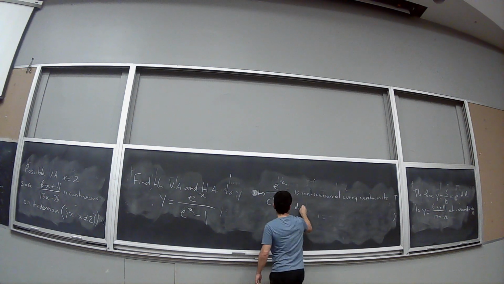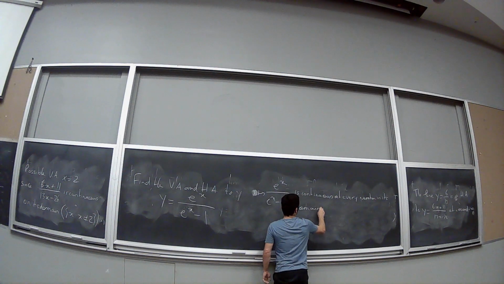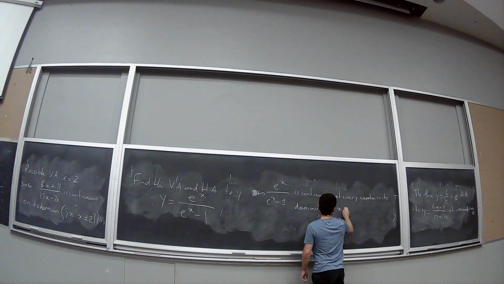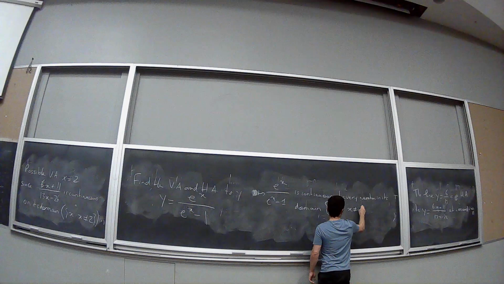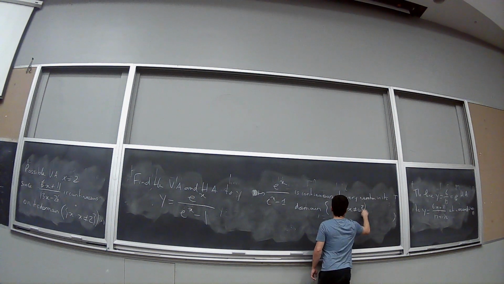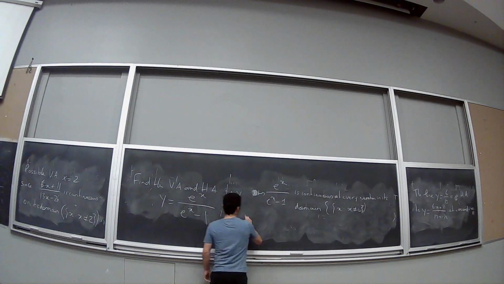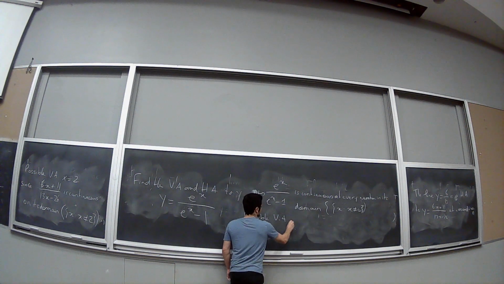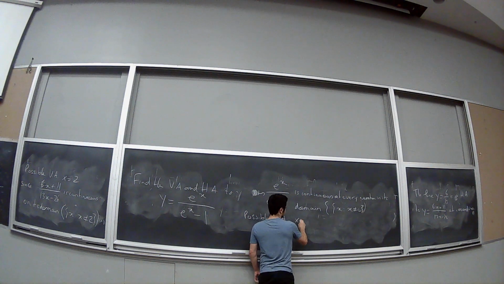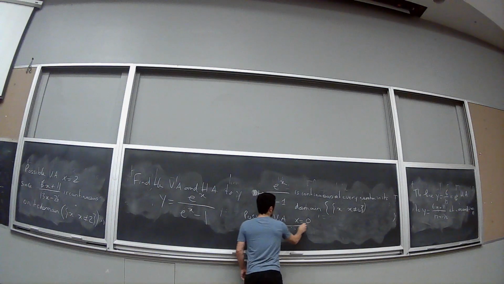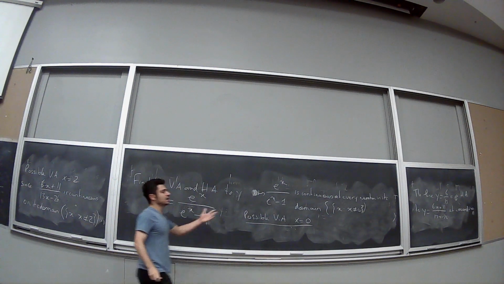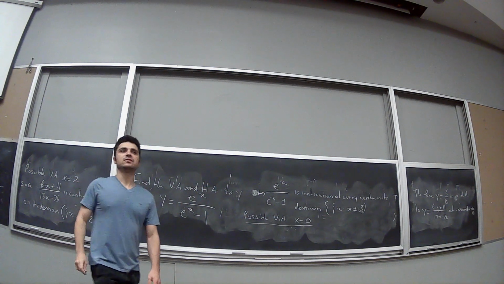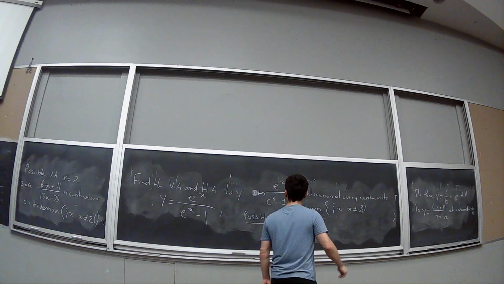What is its domain again? This is the set of x such that x is different than 0. So the possible vertical asymptote is the line x is equal to 0. Let's check that. Which side do you want to go? 0 plus or 0 minus? Let's go to 0 plus.